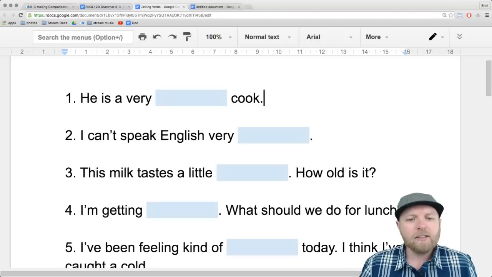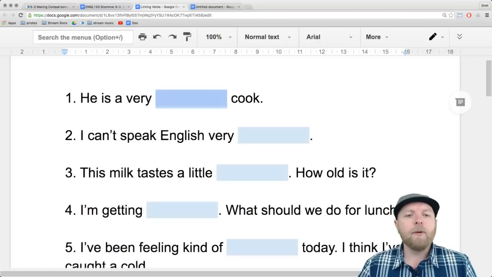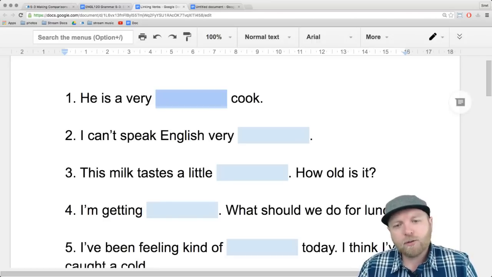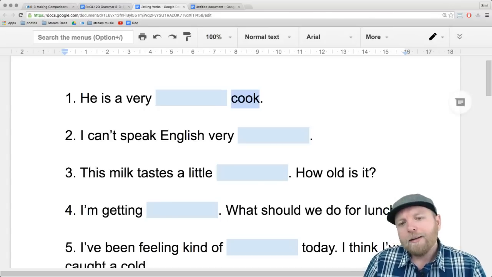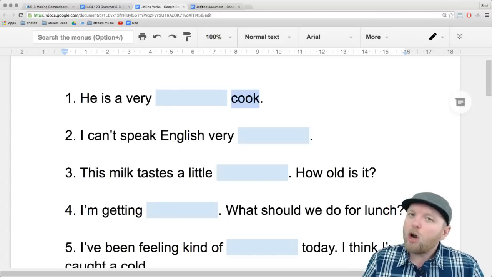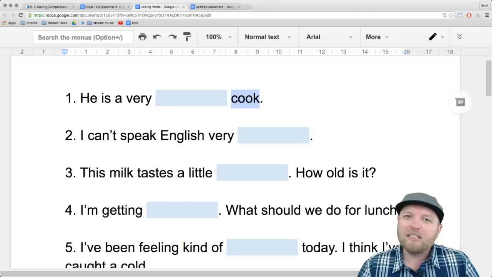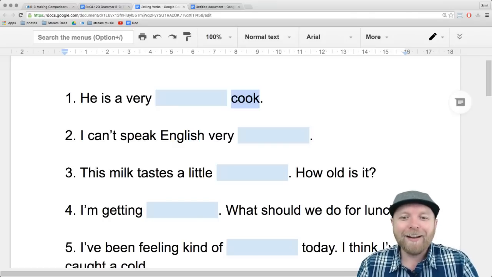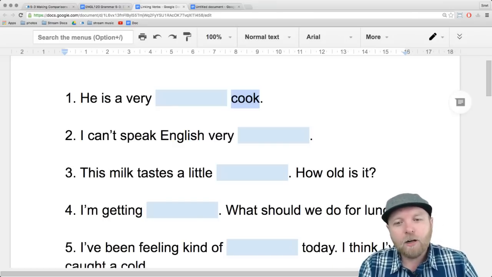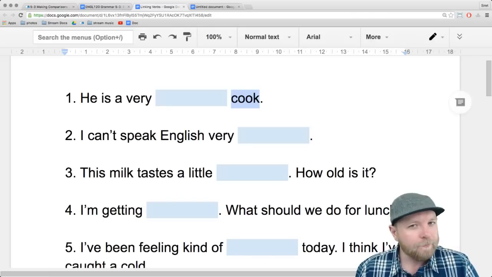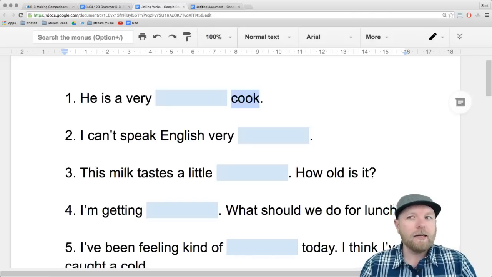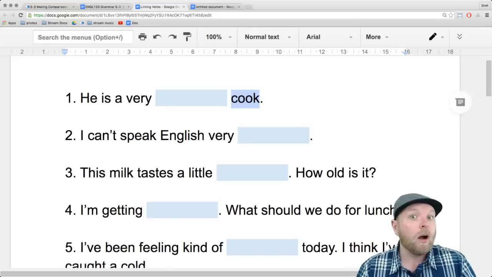Well, what does this word describe? Well, actually, this word describes cook. I'm sorry, I'm giving you a difficult exercise. This meaning of cook, is it an action or is it a noun? Is it a job?